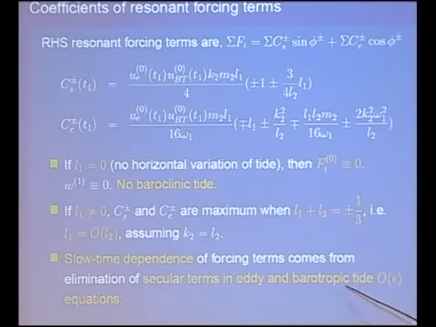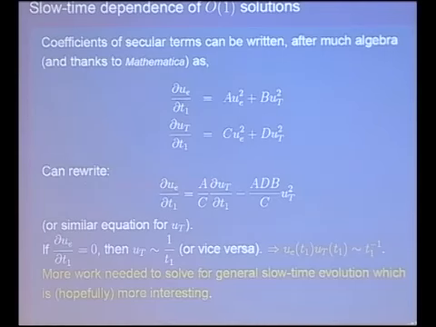Okay, and the slow time dependence of these forcing terms up here can be solved for by going back to our eddy and barotropic tide order epsilon equations and eliminating terms that satisfy the homogeneous equations.